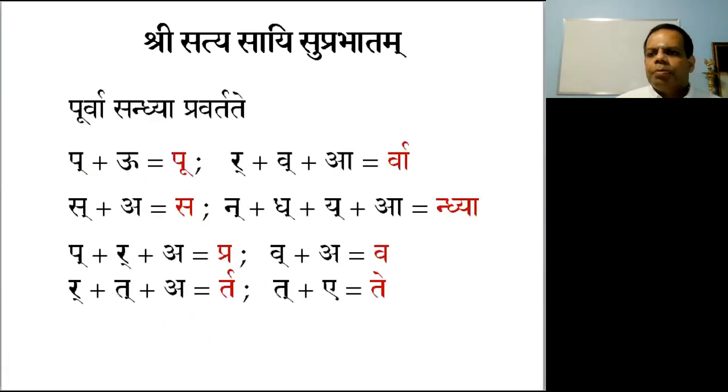So we are going to the next part of the line. Purva Sandhya Pravartate. Okay. The first letter is Pu. P plus U, which is the longer Ukara, gives you Pu. Okay.